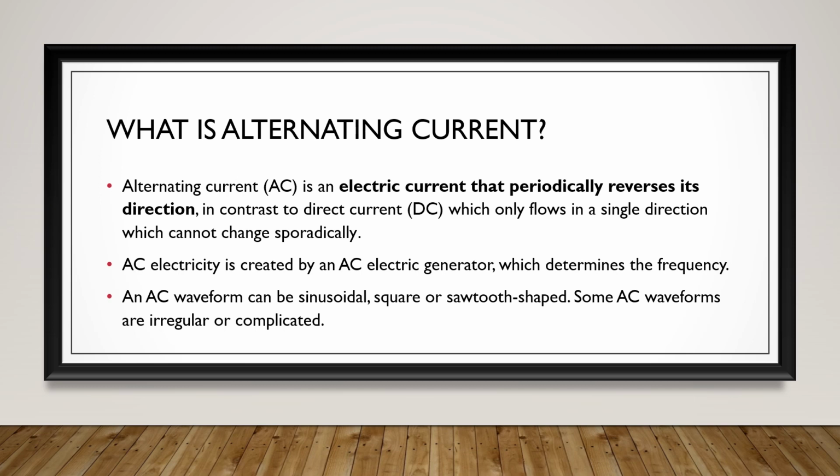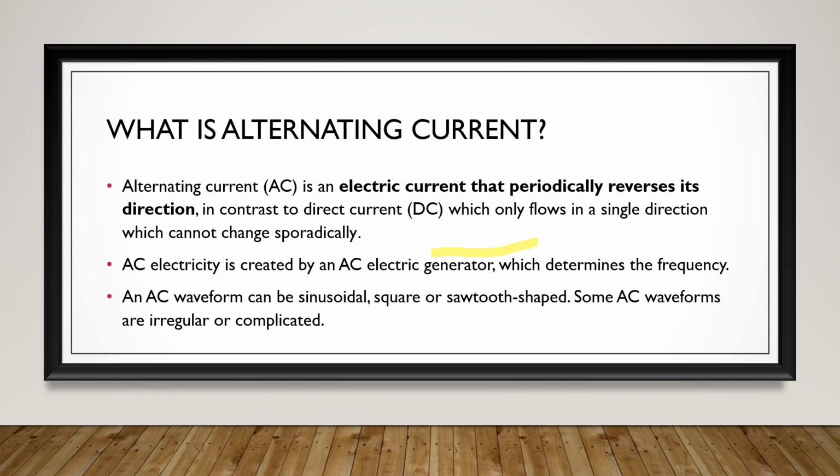AC is an electric current that periodically reverses its direction, in contrast to direct current which only flows in a single direction which cannot change sporadically. AC electricity is created by an AC electric generator which determines the frequency. An AC waveform can be sinusoidal, square or sawtooth shaped.